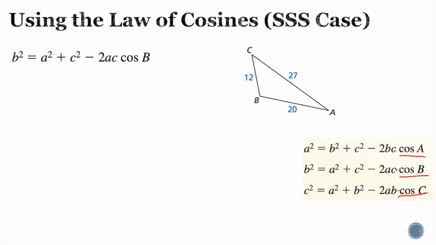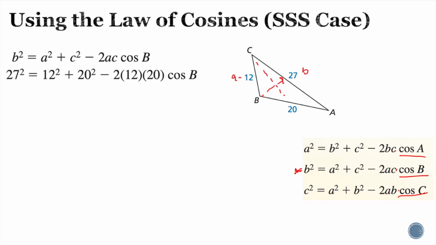So I'm going to take a look at my second one again. But in this case, you can use any. Substituting the values, again, this is my A, this is my little b, and my C. And I'm trying to find the measure of angle B.